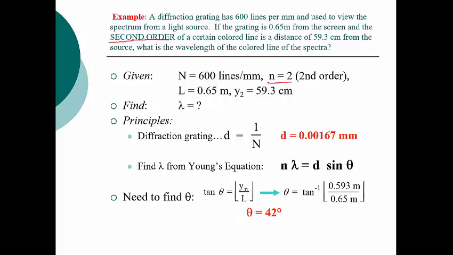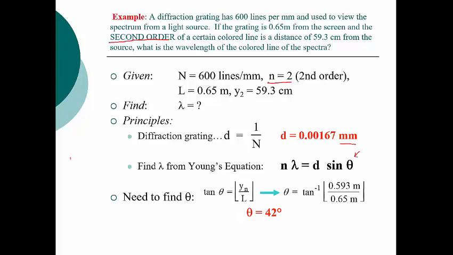So our diffraction grating, we need to use that to find d. So 1 over N, it's in lines per millimeter. So if I just do 1 over N, that's going to give me d in millimeters. Now we have to find the wavelength. So here's our equation. But again, we need to find theta.